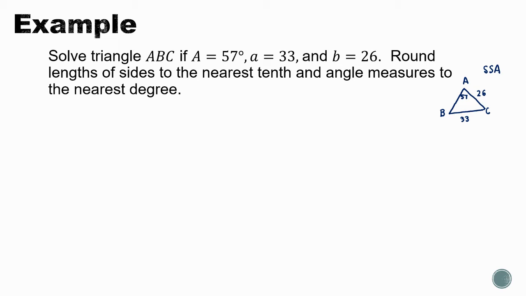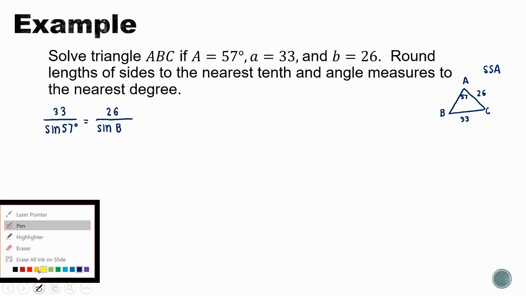Okay, so we are using the law of sines. We are given enough information for one nice fraction. We have the side of 33, that is a, and we have angle A, so that's going to be over the sine of 57 degrees. Notice that we know what side b is, so that means we need the sine of angle B down in the bottom.